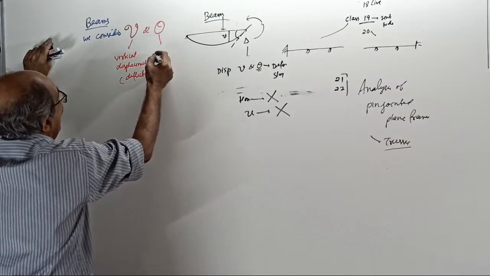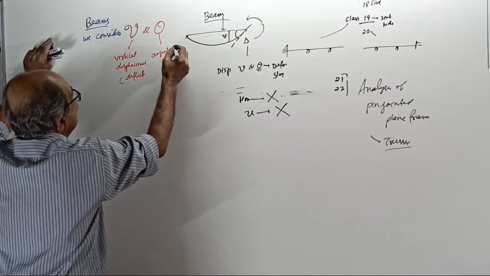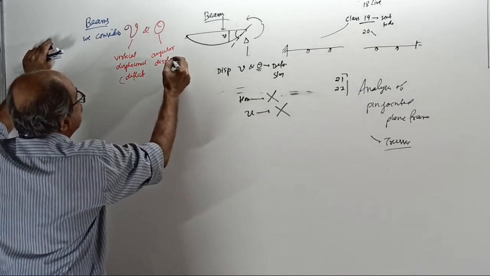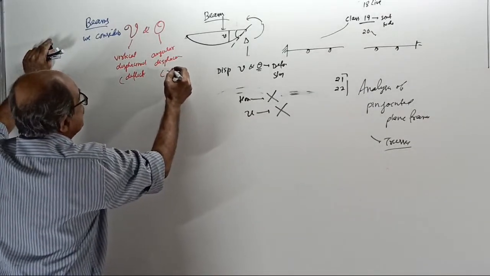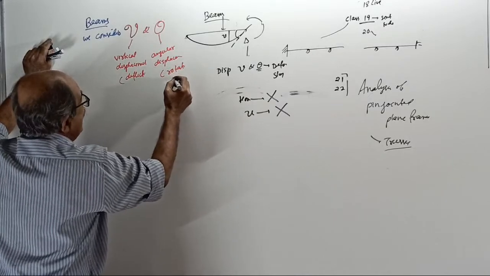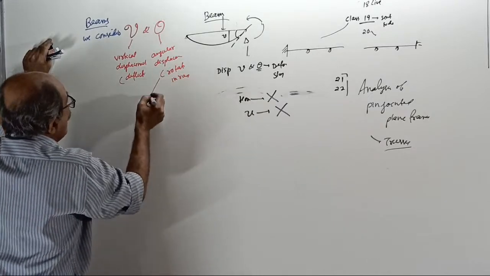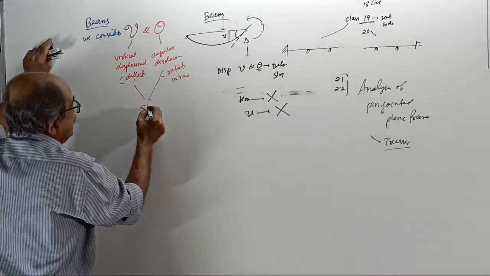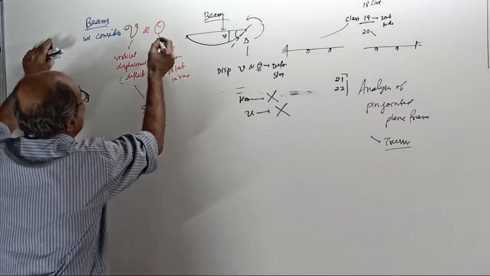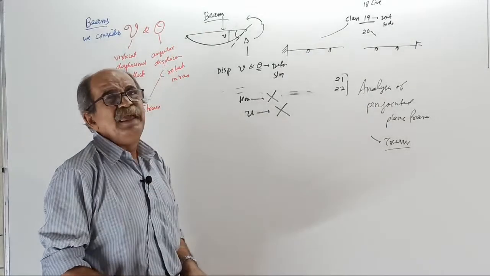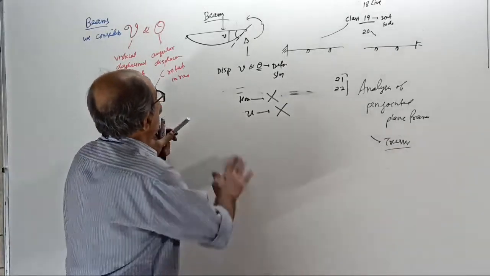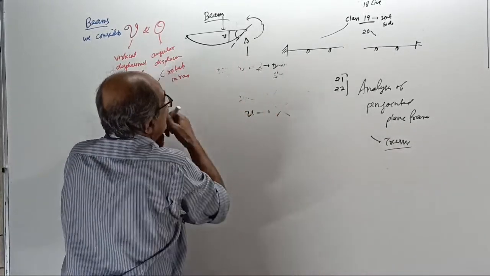Theta means angular displacement. It is not your 30 degree, 40 degree. Angular displacement, that is rotation. It will come in radians. Both of them will have strain effect. Both are unwanted. Why? More bending, more rotation means the beam is getting more strain. Okay, now, this is for beams.